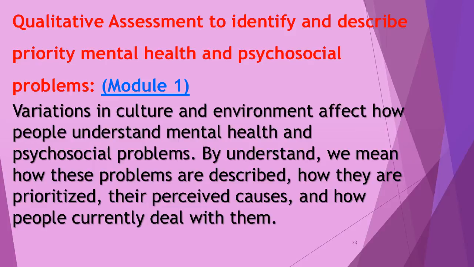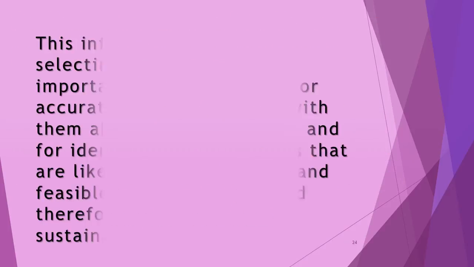Variations in culture and environment affect how people understand mental health and psychosocial problems. By understand, we mean how these problems are described, how they are prioritized, their perceived causes, and how people currently deal with them.